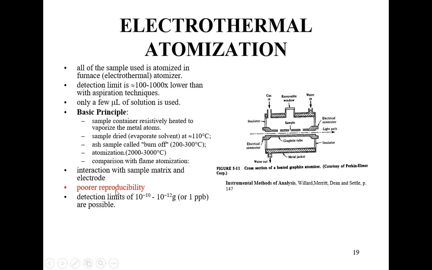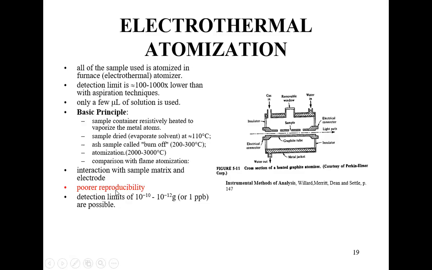So then notice a disadvantage of this is poor reproducibility. It's poorly reproducible unless you take a lot of caution when you are dealing with graphite furnace. It's a tedious process. You have to sit there and adjust the path length normally. You have to adjust the height, and it's tedious during the setup.